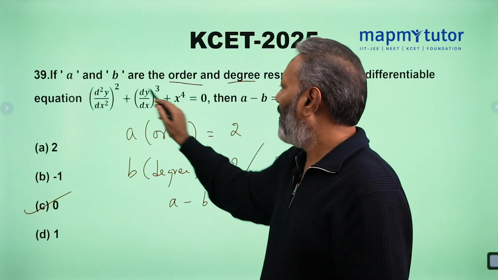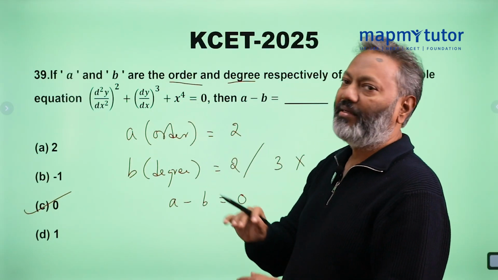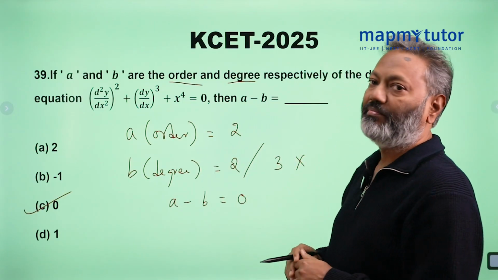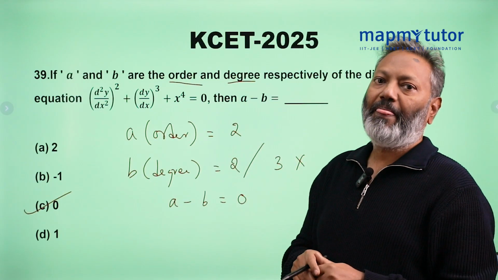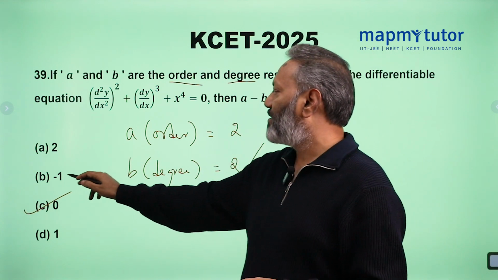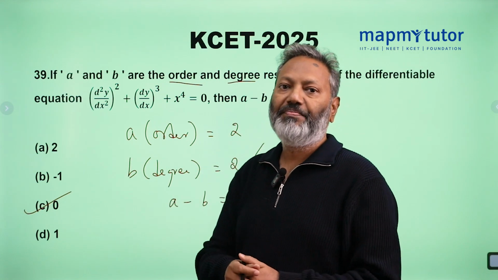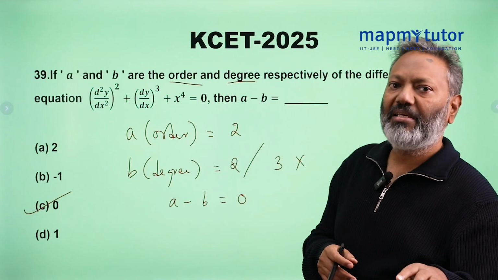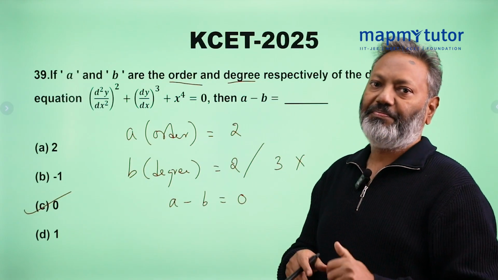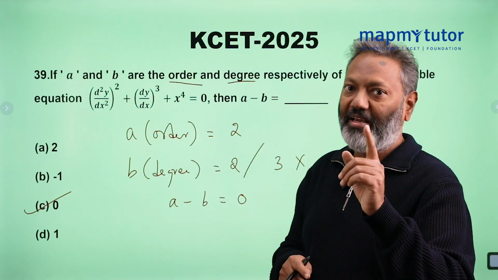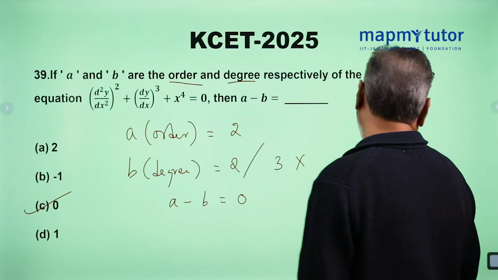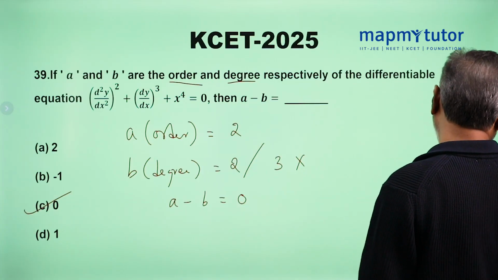Here also, if you look at the powers, 2 and 3, they will think that the highest power is the degree and they will take b as 3. That is the silly mistake. And then what is the answer? A minus b, 2 minus 3, you will get minus 1. See, it is there in the options. Usually for every silly mistake, whatever you do, they will give you an option. It is waiting. Whenever you make a mistake, it will eat your marks. Be careful.